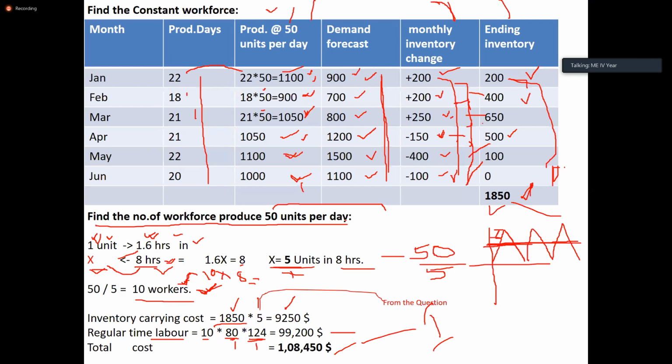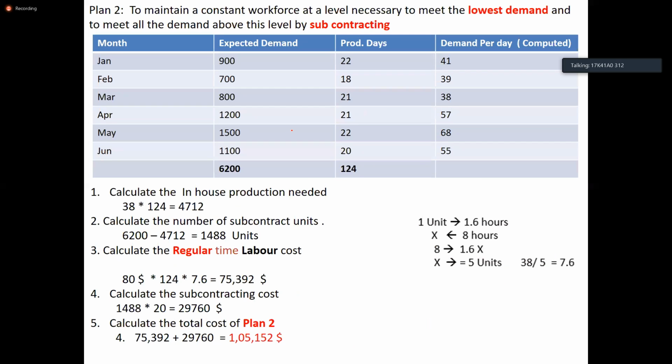Okay, so I'm moving. Sir, if the forecast demand is more than the previous month, then what strategy will be useful, sir? If starting month is January, sir, then February comes.